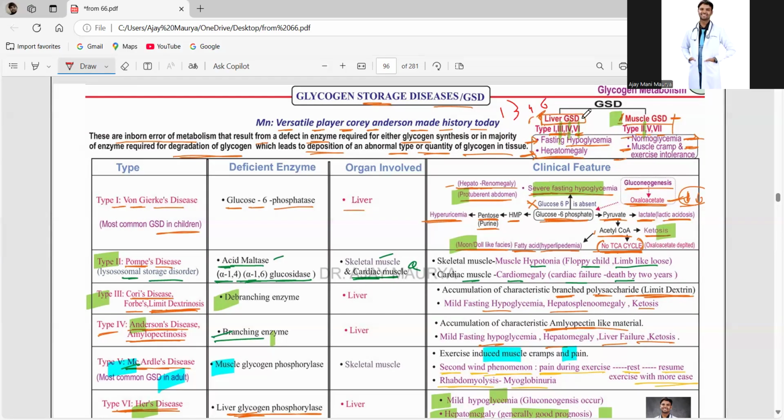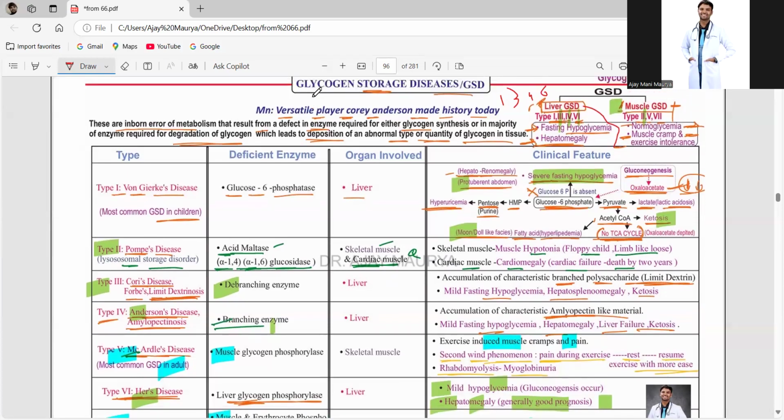Fasting hypoglycemia and hepatomegaly will be the manifestation. How to remember: versatile player Corey Anderson made history today. Sometimes they are not going to give the disease name directly, but they will give the type 1, 2, 3.